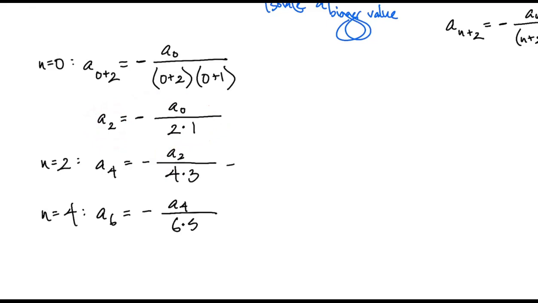And so what I get is negative a sub 0 over 4 times 3 times 2 times 1. Or I could say this is simply a sub 0 over 4 factorial.